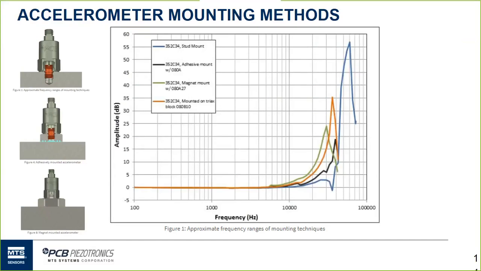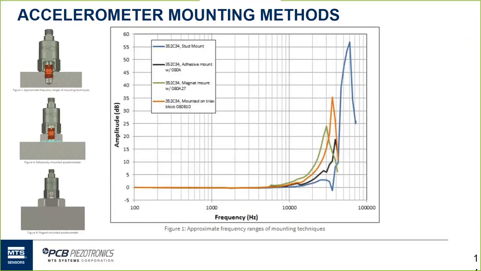And then looking at the next option for ferrous surfaces, we do offer magnetic mounting options. That's a very quick, simple installation, generally short-term use, and that certainly allows good characteristics, in this case out to several thousand hertz as well.